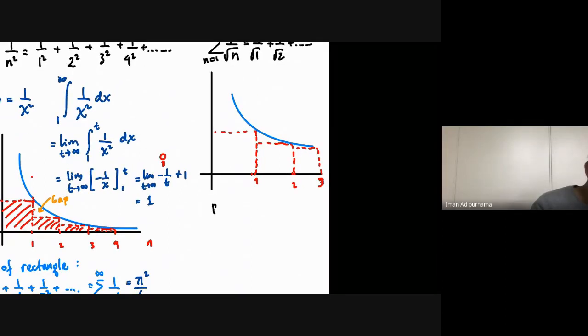Now remember that we have the p test in calculus 1. The same p test can be used for the integral test in the series. So when you have the integral from 1 to infinity of square root of x dx, the p test is x.